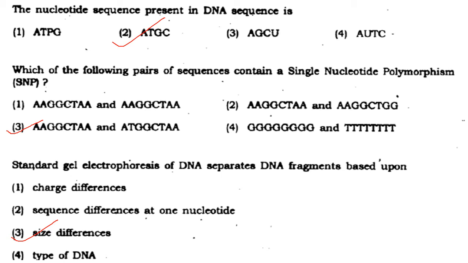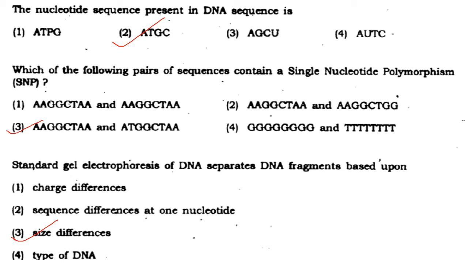Next one. Which of the following pair of sequences contain a single nucleotide polymorphism? That is SNP. Answer options are AAGGCTAA and AAGGCTAA. Next one. AAGGCTAA and AAGGCTGG.